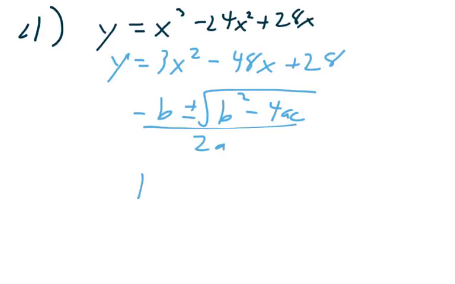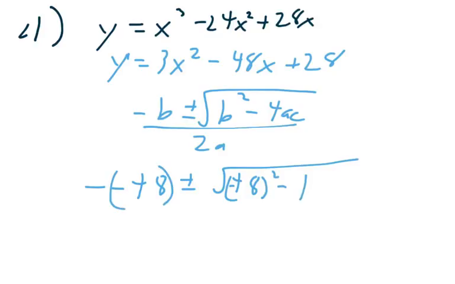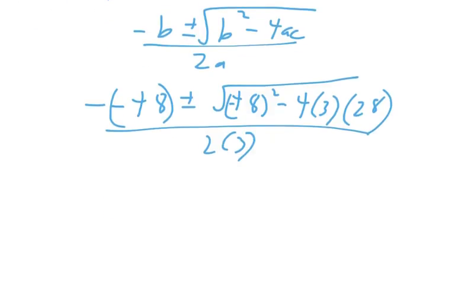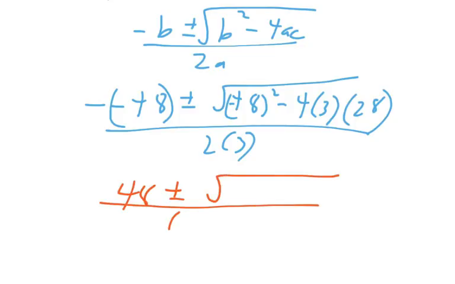And so we got 48 plus or minus the square root of negative 48 squared, because this was negative 48, minus 4 times 3 times 28, over 2 times 3. So we have 48 plus or minus the square root of that, divided by 6.